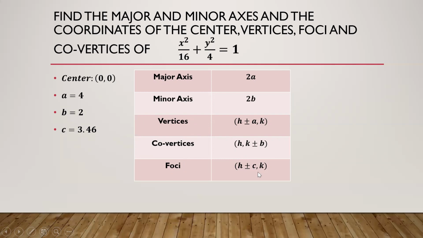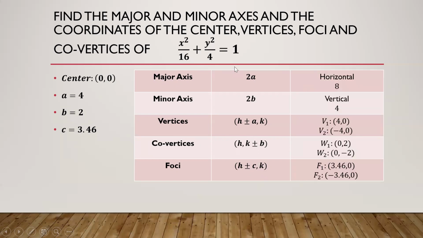So in the foci, we simply have to follow the vertices. Since again our a squared is with our x, that's the variable that we will be manipulating. So for our foci, that's h plus and minus c, comma k.